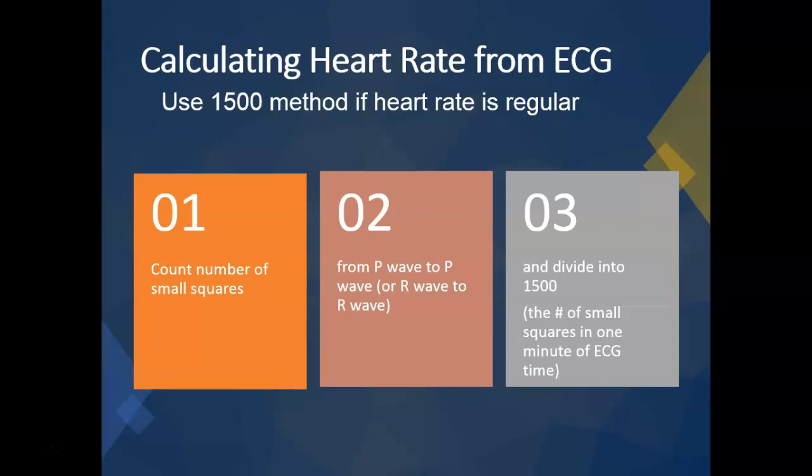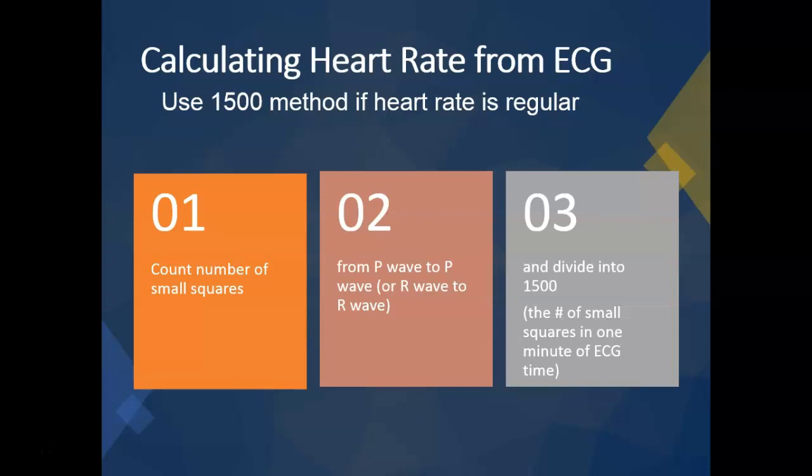You choose P waves, R waves, T waves, whatever. R's are very easy, P's are usually very easy. So you count the number of small squares between those two waves, and then you divide 1500 by that number, because 1500 is the number of small squares in 1 minute of ECG time.